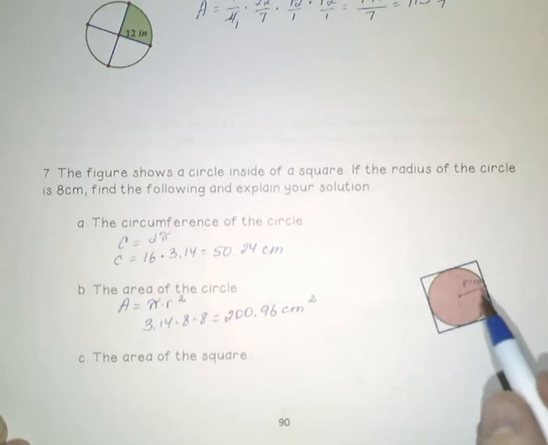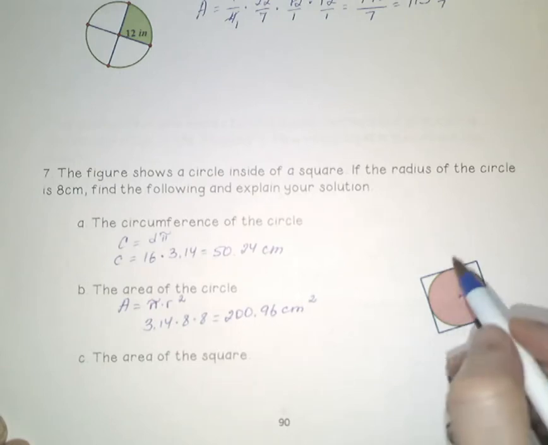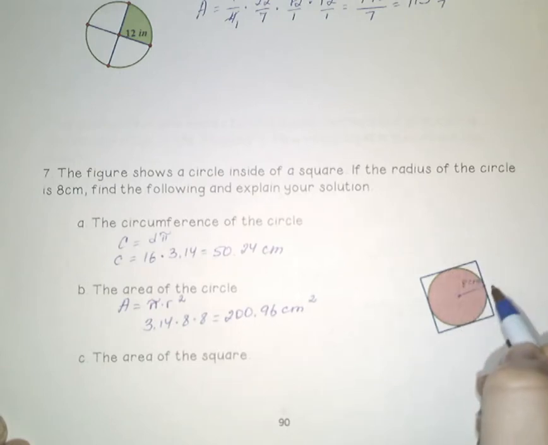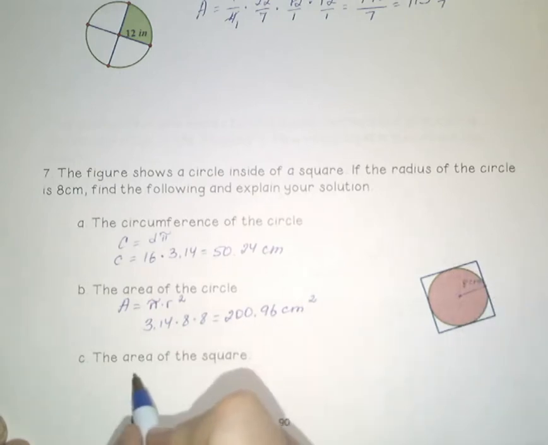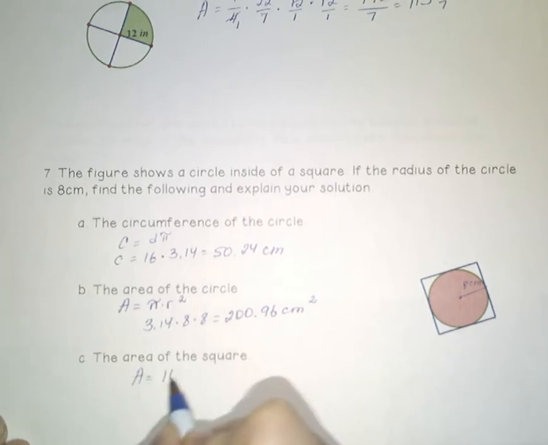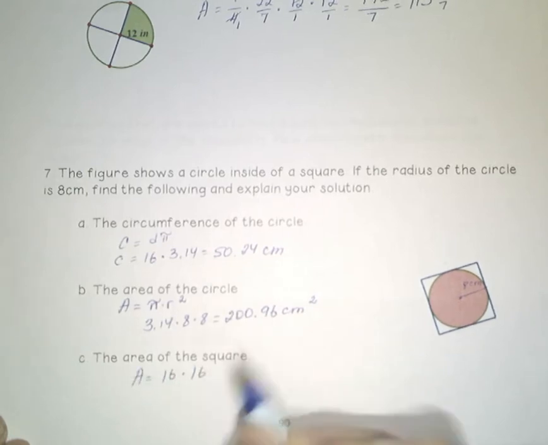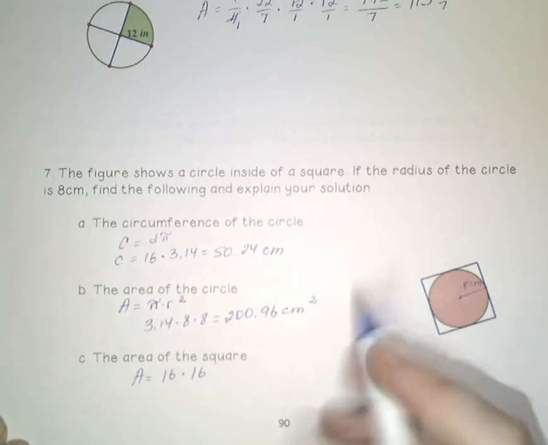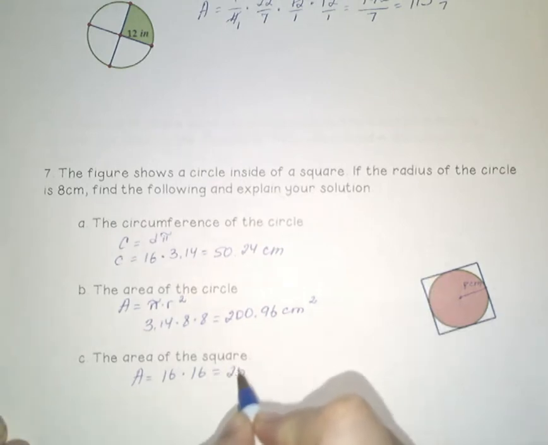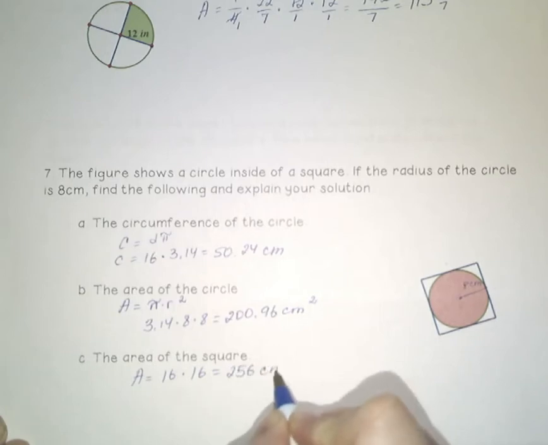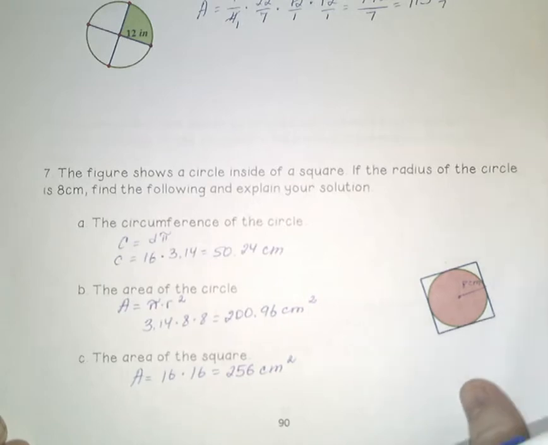And to find the area of the square, I simply need to multiply side by side. So that will be 16 times 16, and 16 squared is going to be 256 centimeters squared.